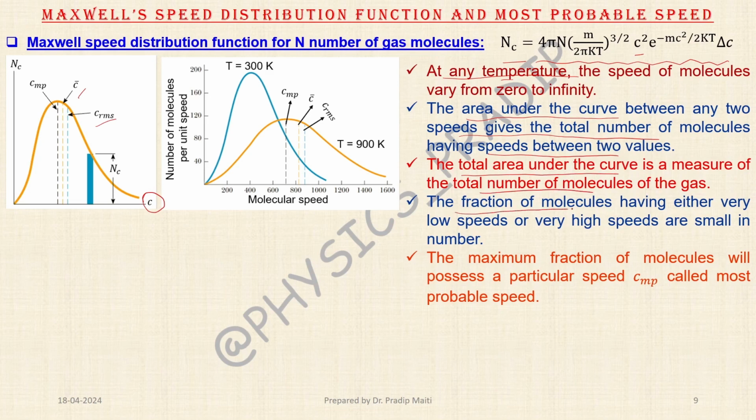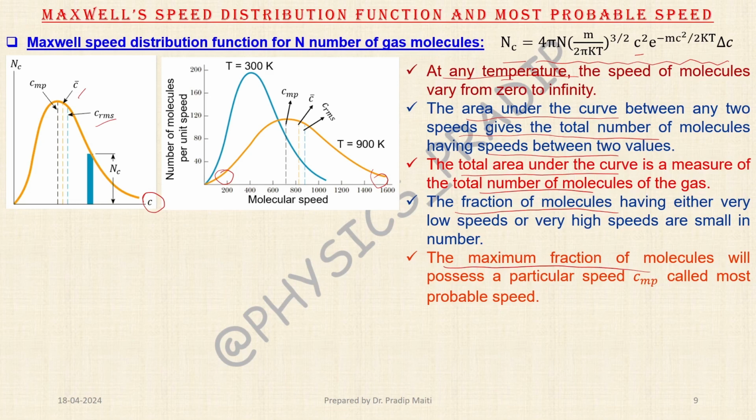The fraction of molecules having either very low speeds or very high speeds is very small, as the area in these regions is very small. Also, the maximum fraction of molecules will possess a particular speed, that is CMP.